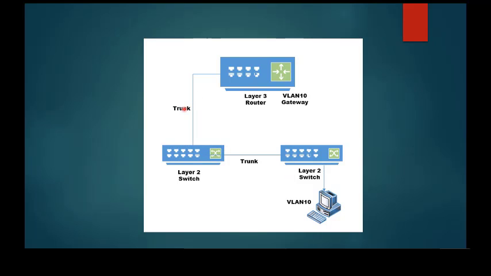Another thing with trunks is we're talking about how it passes traffic that has the .1Q tag on it. Well, what happens if there's something that's connected to one of these switches that doesn't have any tagging on it at all? It doesn't have any .1Q tag on it, and you still want it to ride that trunk. What you can do is, on a trunk, you can do something that's called native VLAN.